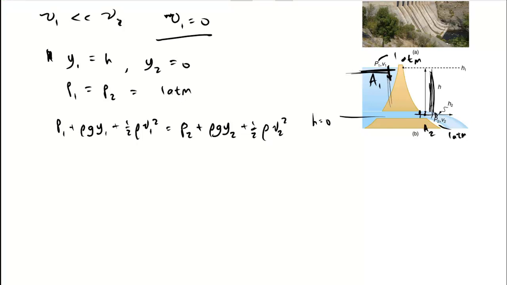And so since pressure 1 is equal to pressure 2, these will cancel out. And since y2 is equal to 0, this term is also gone. And velocity 1, we also said was equal to 0, so this is also equal to 0.